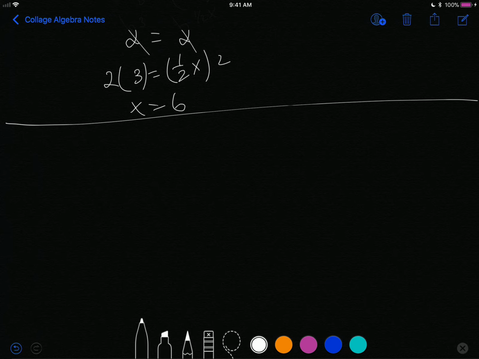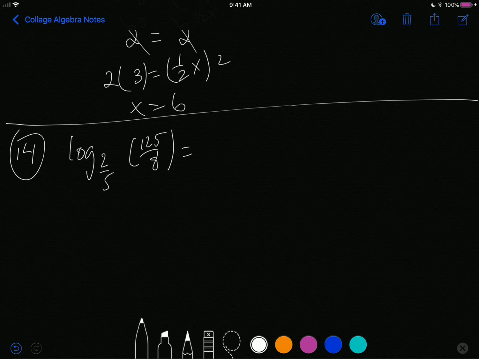Number 14. Let's say I have log base 2/5 of 125 over 8. Well, this kind of looks like one we did before. But I'm feeling a little cautious today. So I got this lovely thing right here. 125 over 8 is equal to 2/5 raised to the x power.